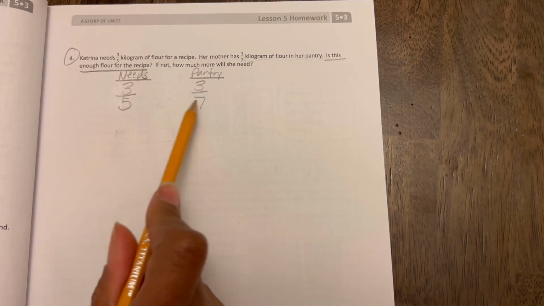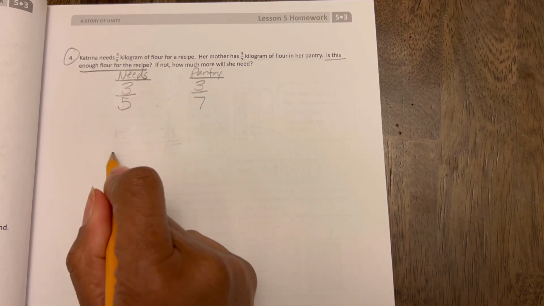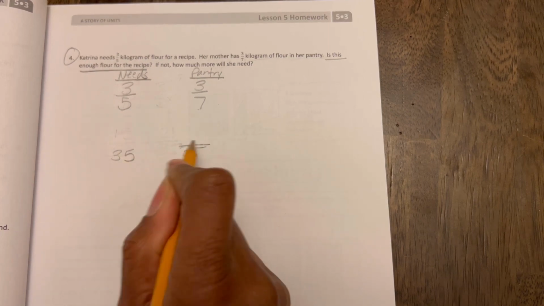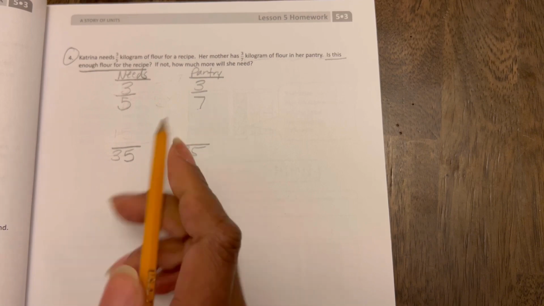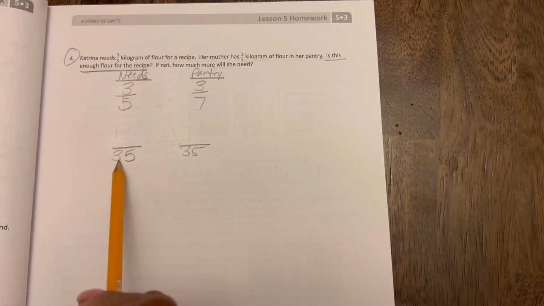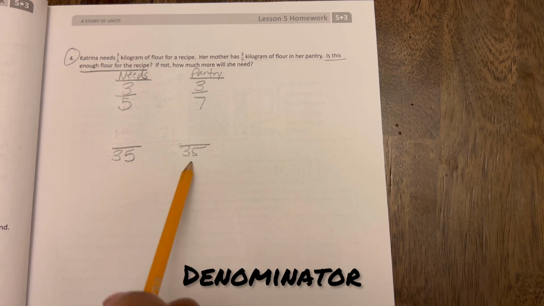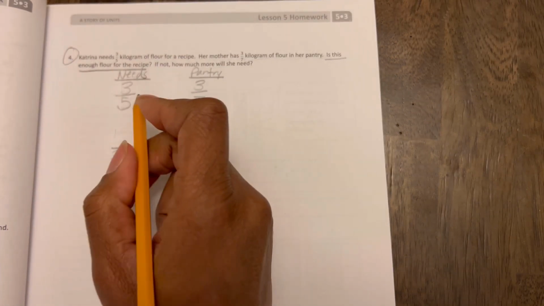I'm going to do that quick method where I do 5 times 7. I'm going to get 35 here, and I'm going to make 35 their common units. Just as I change this denominator to 35 and this denominator to 35, I have to change the top numbers as well.